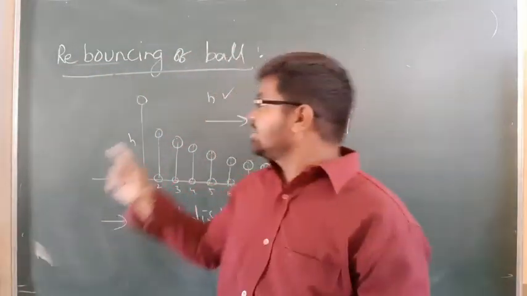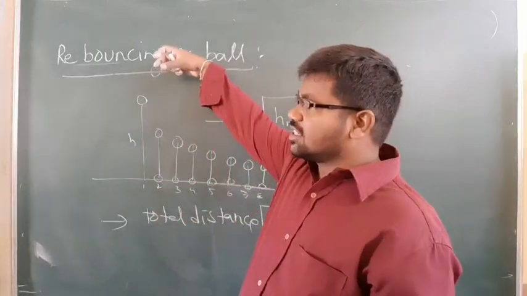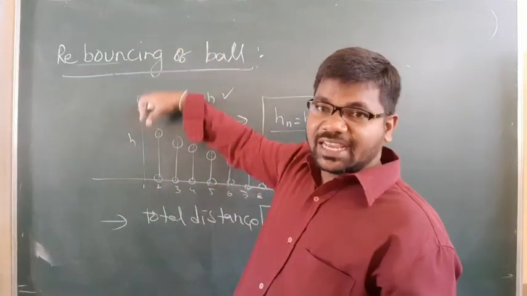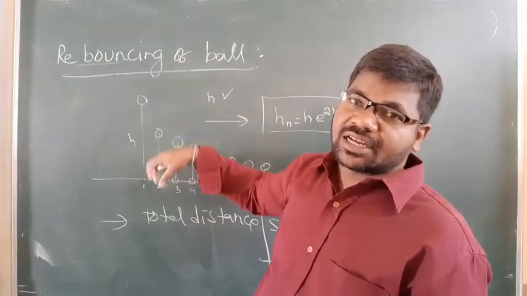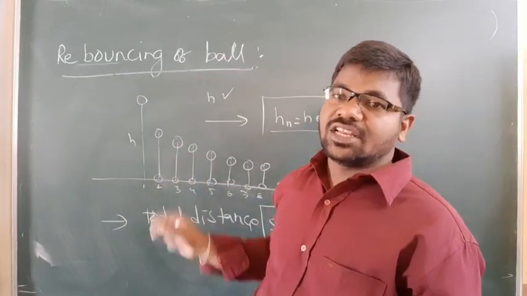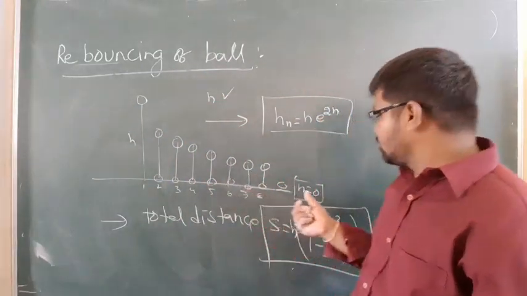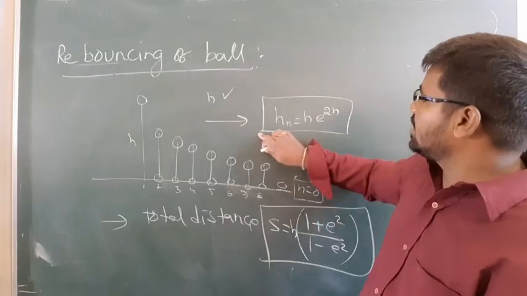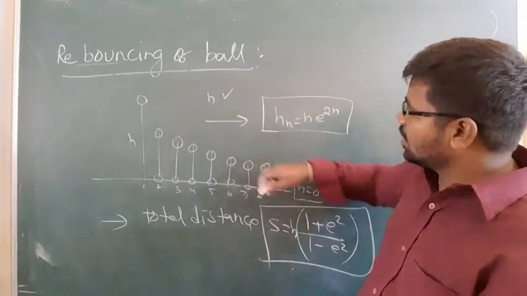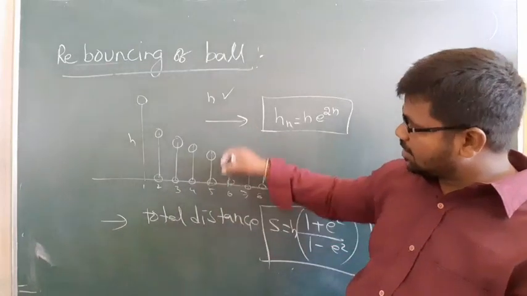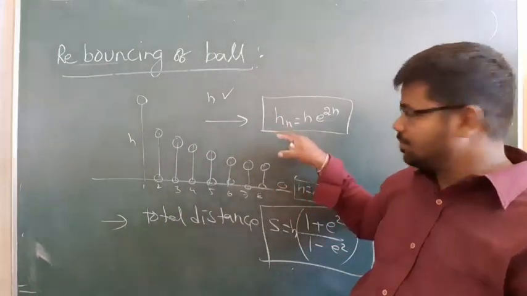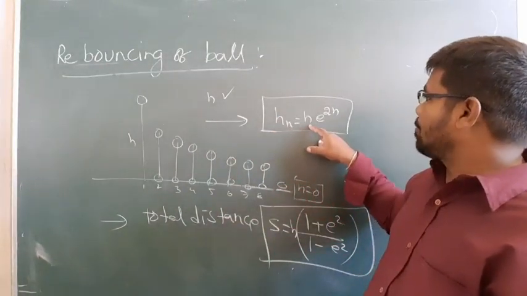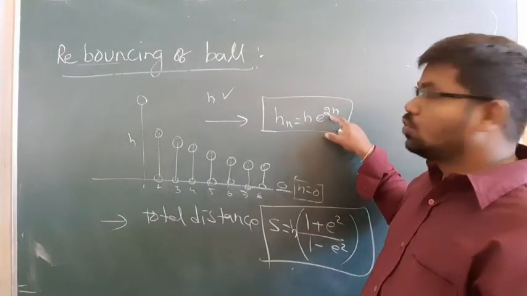Rebouncing of a ball means consider a ball dropped from some height. It keeps rebouncing up and down, and at a particular time the height becomes 0. The height of the nth bouncing we find using the formula h into e power 2n.